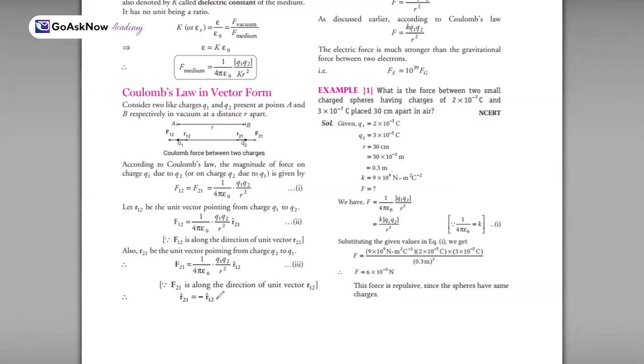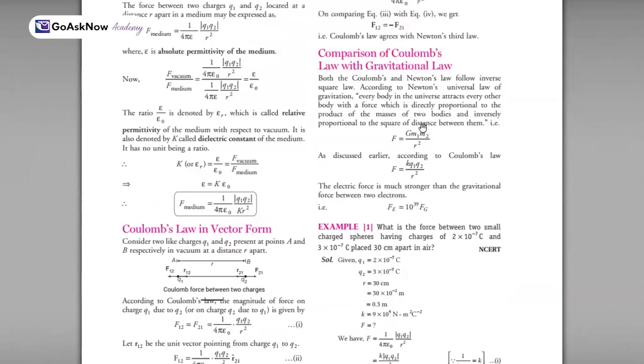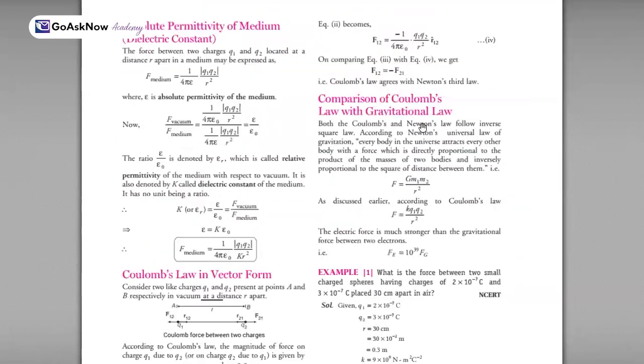So these are opposite in direction, so that is why I have added the minus sign. I hope you got this.